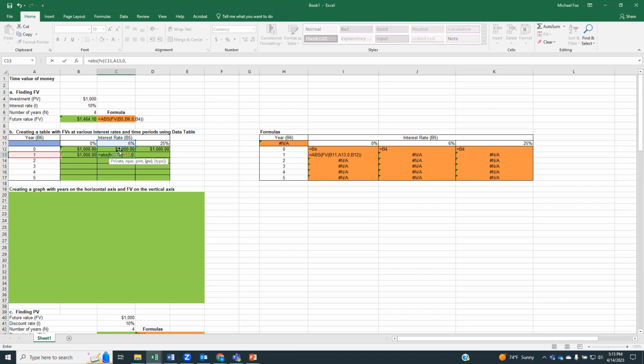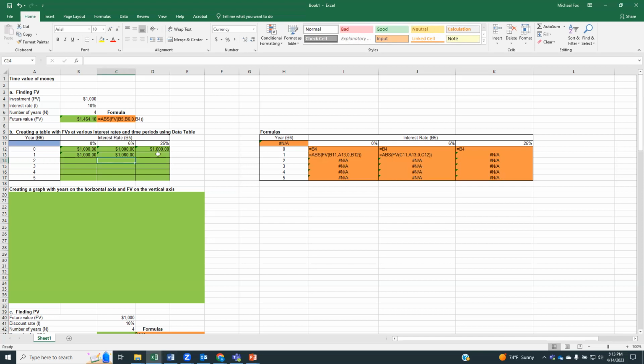And the present value is this $1,000. Or we could put it up here too. Oops, I keep forgetting to put that second closing parenthesis. All right, so here you can see if we make 6%, that it grows to $1,060.